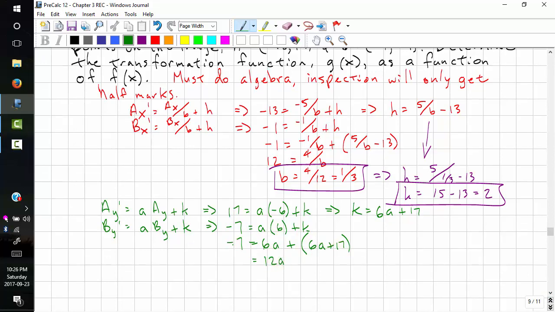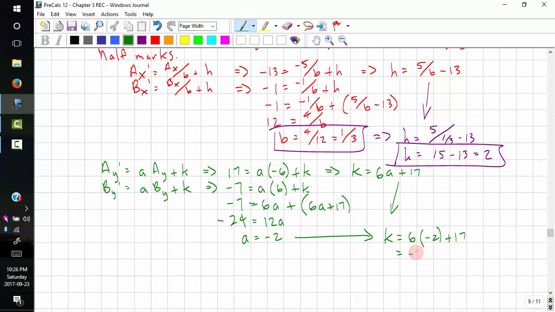This comes over to the other side, it becomes -17 minus 7, that's -24. Divide both sides by 12, and we get A equals -2. Substitute this back into here. We get K equals 6 times -2 plus 17. That gives us -12 plus 17. That equals 5. K equals 5. Box our answer.